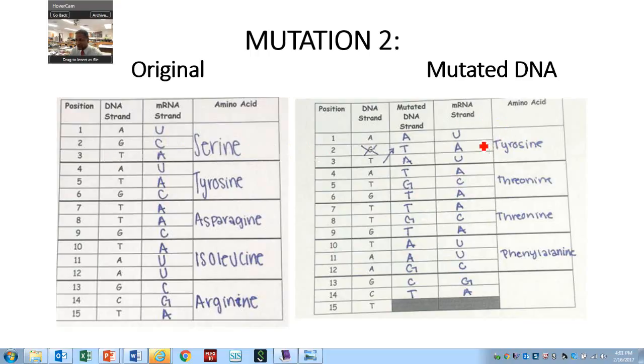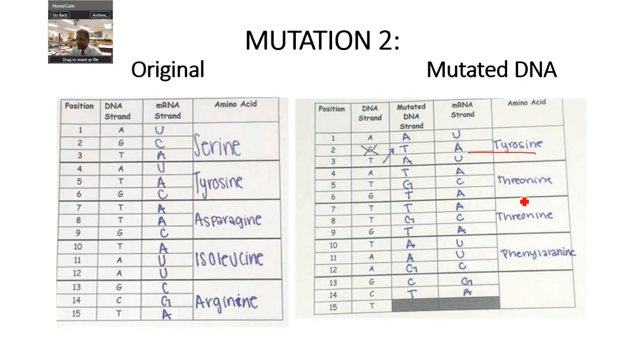Consequently, it gets transcribed from UAU. It was UCA. So we have a change here. This one deletion changes all of them because it frame shifts. It shifts all of the letters up. Now, I shouldn't say up. I should just say it shifts it towards the first base.